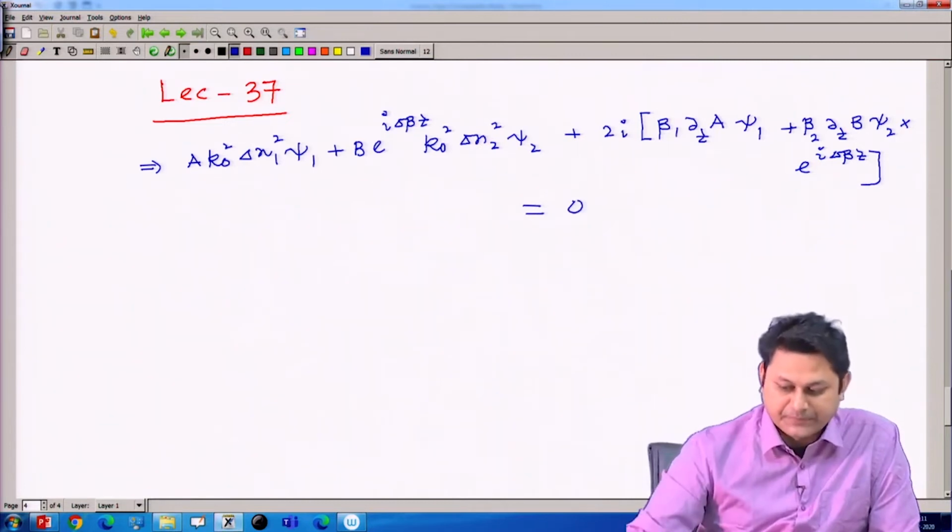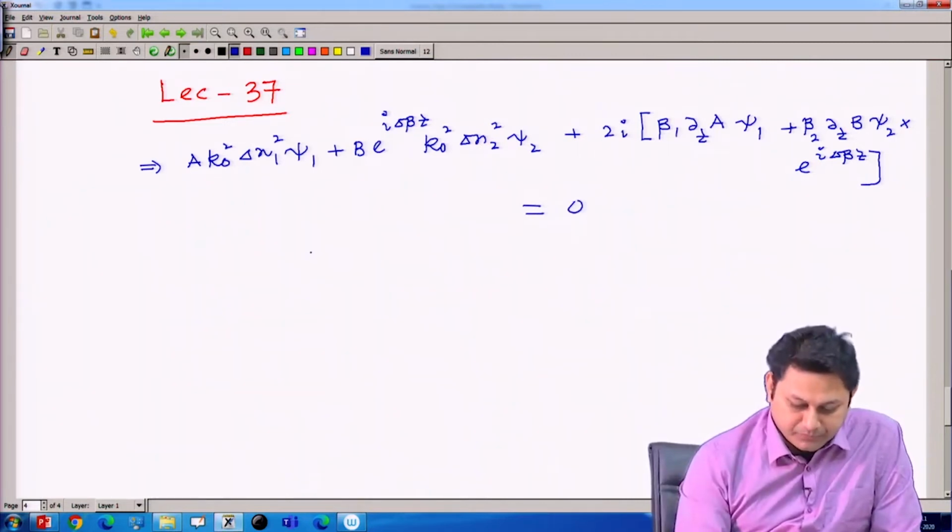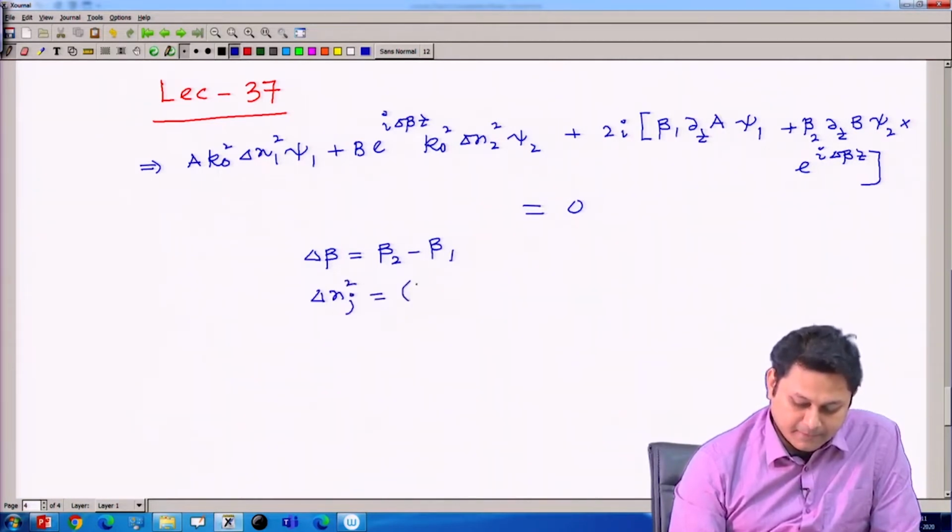That was the equation, where delta beta was beta 2 minus beta 1 and delta nj square is n square minus nj square, j is 1 and 2.